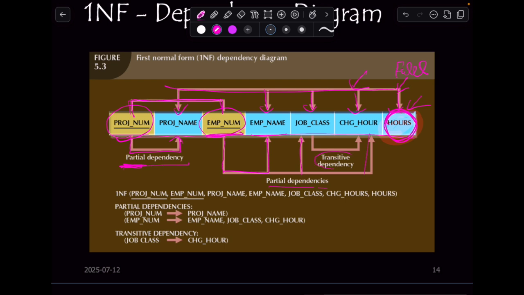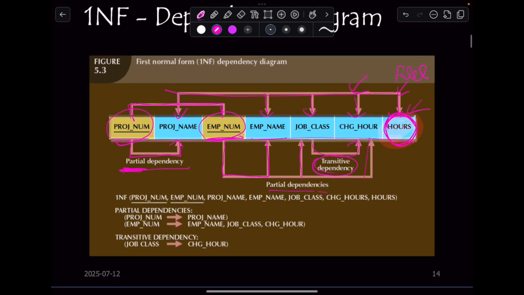And one more thing, there is a kind of connecting, bridging dependency from job class to charge hour. It is called the transitive dependency. So if you use this kind of diagram, it is called the functional dependency diagram. This is a very efficient way to show all the functional dependencies in a given table.